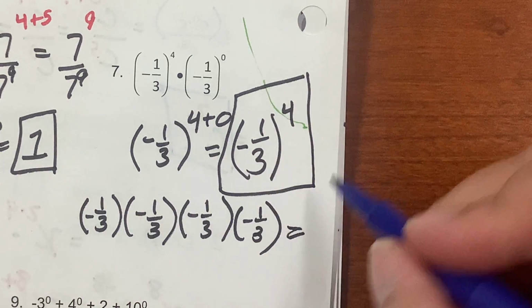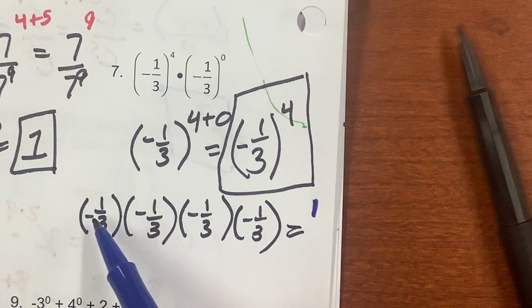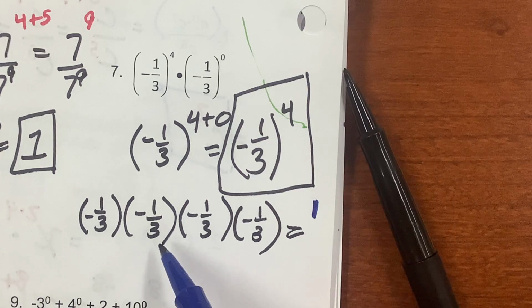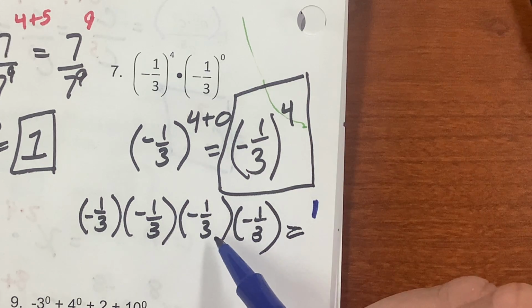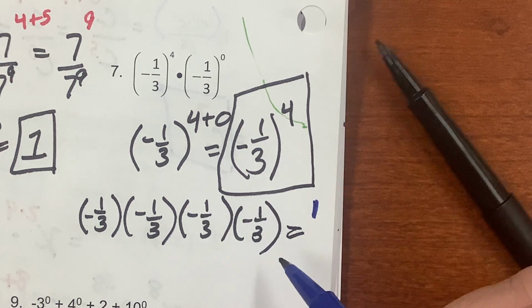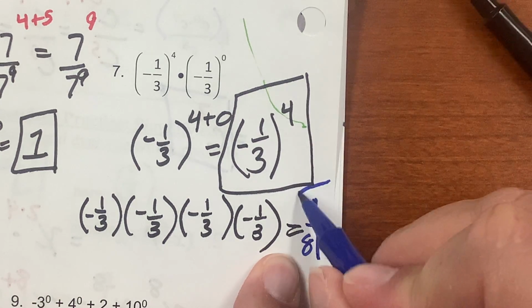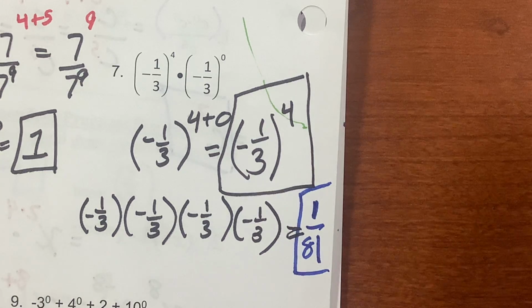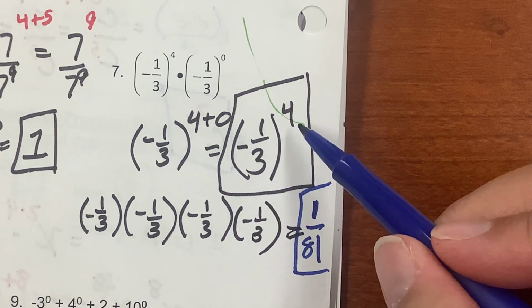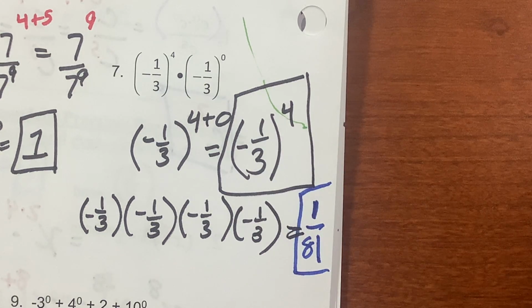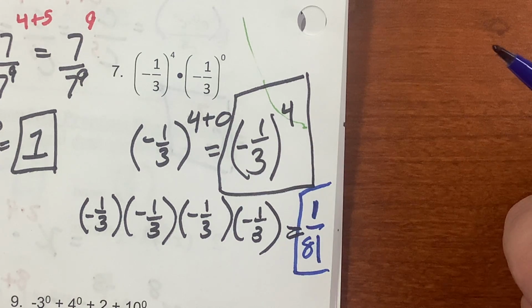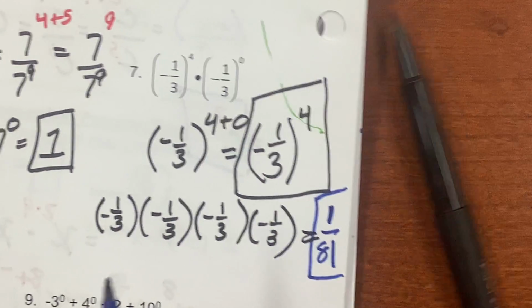I'll write that in blue so you can see it better. Negative 3 times negative 3 is positive 9. Times negative 3 is negative 27. Times negative 3 is positive 81. So negative 1/3 to the 4th power is 1 over 81. Oh, well, I could have used a calculator to do that, but I can math okay-ish.